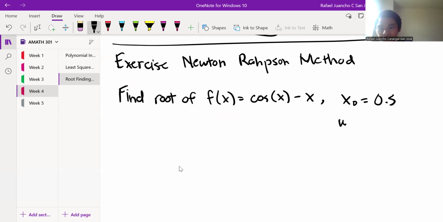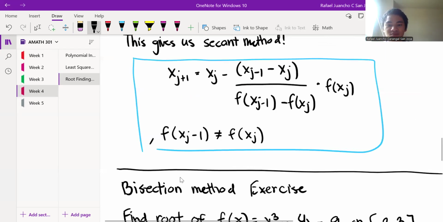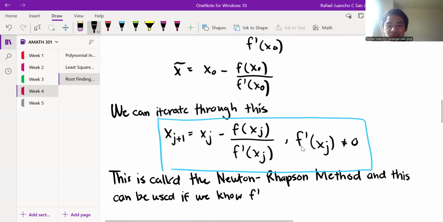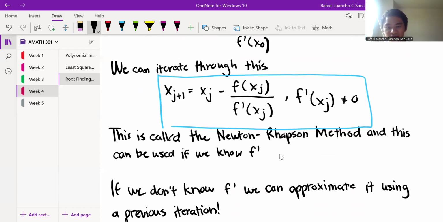And let's say we're going to stop when we reach our tolerance of 10 to the minus 5. We could do this manually, where we use xj plus 1 equals xj minus f of xj over f prime of xj. We can do that, but I'm not going to do that.